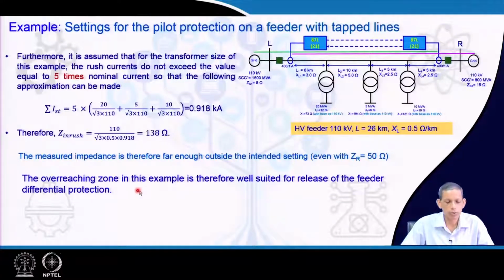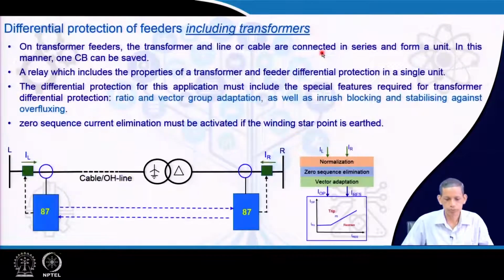So, the overreaching zone in this example is therefore well suited for release of the feeder differential protection. It means that it supplements the corresponding differential protection in a better way, and we would like to say here that for a tapped line, if the distance relay supplements the 87L, it becomes a better performing differential protection, so that it becomes sensitive and reliable also.